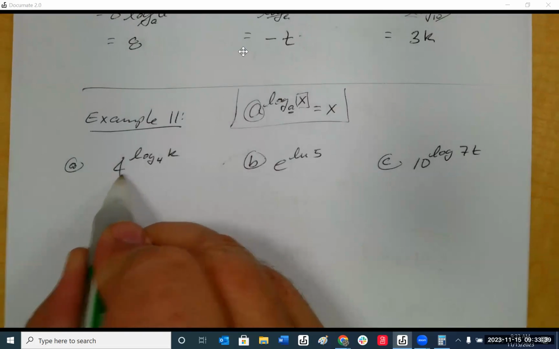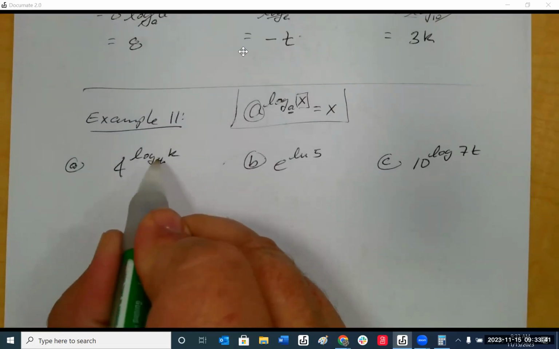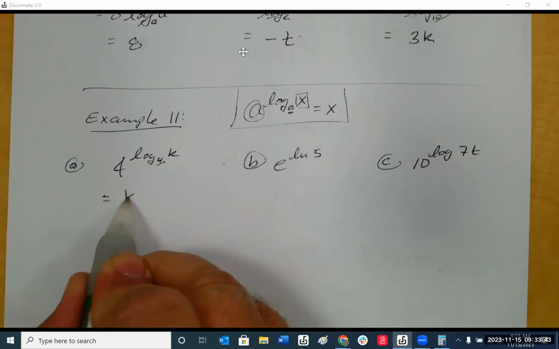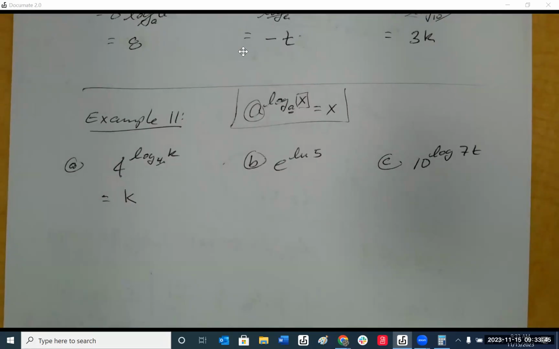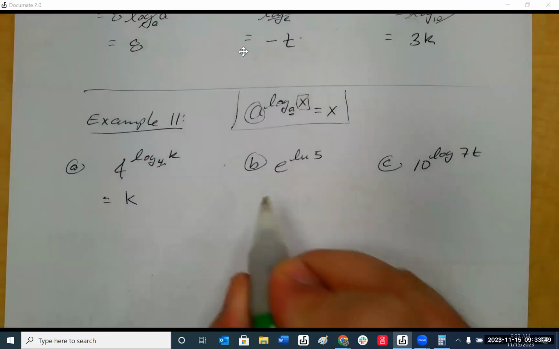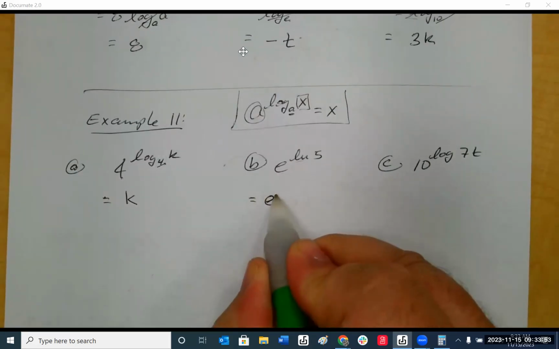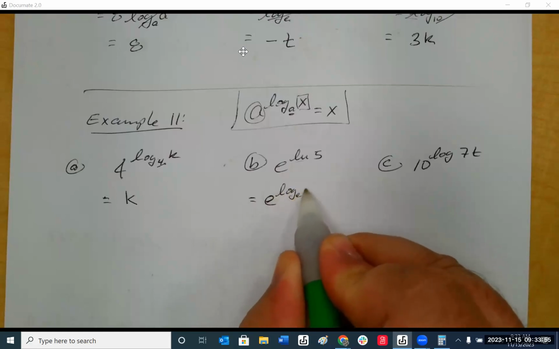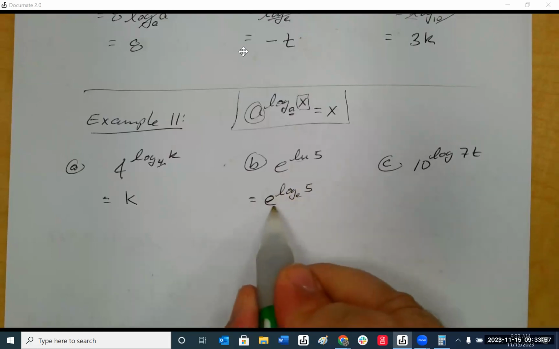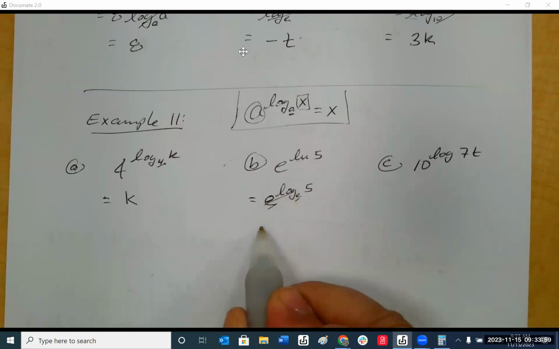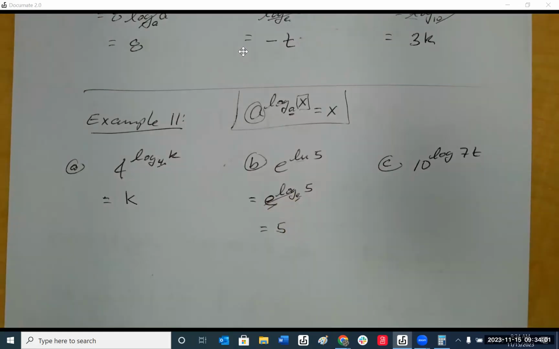The base is 4. The base of this is 4. So the answer is k. Ln is log base e of e to the 5. The bases are the same, so it's just 5.